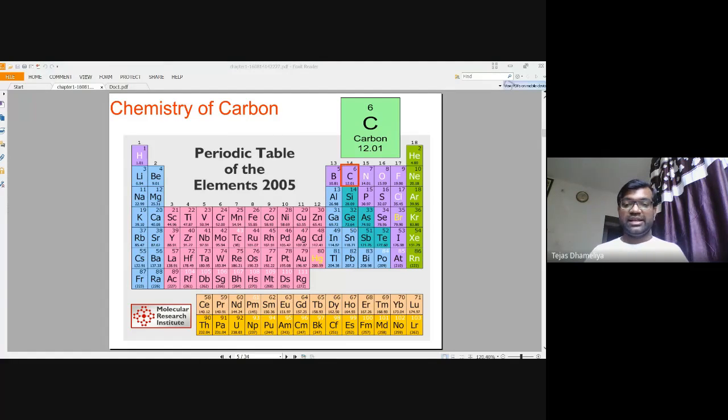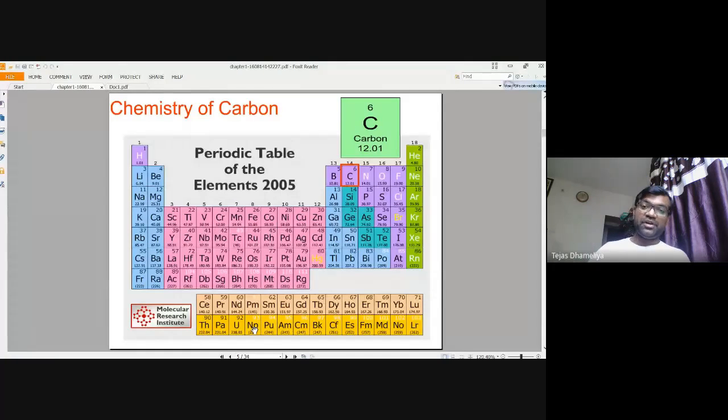It is the smallest atom, having only 6 electrons in its outermost configuration. There are so many atoms. The present periodic table on your screen contains around 111 atoms or elements. This is of 2005. If we go to 2020, these numbers are beyond 118 or 20.